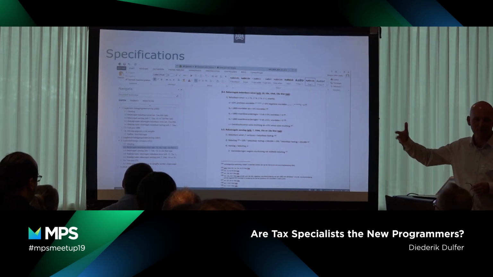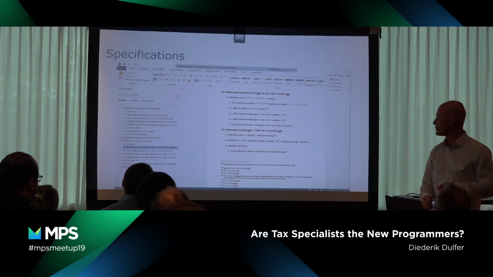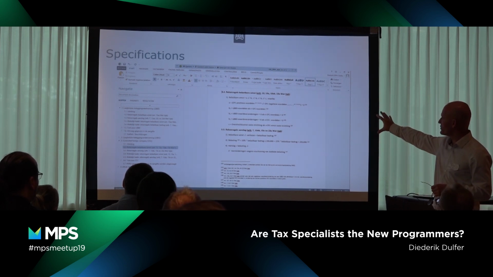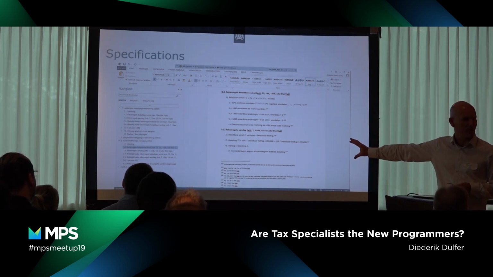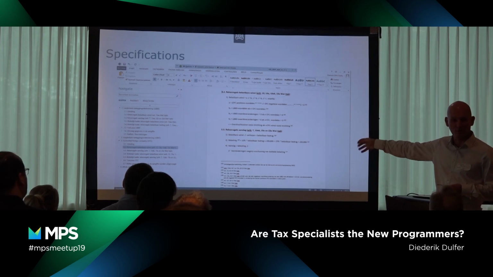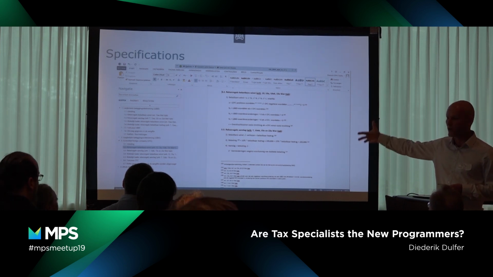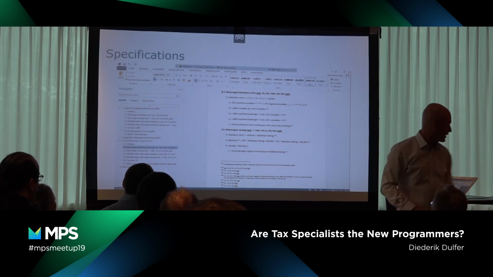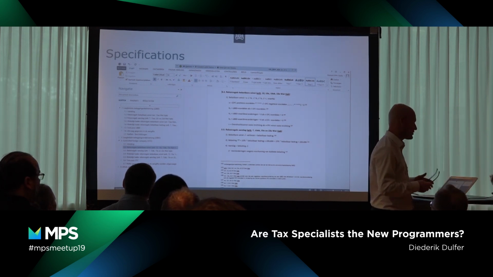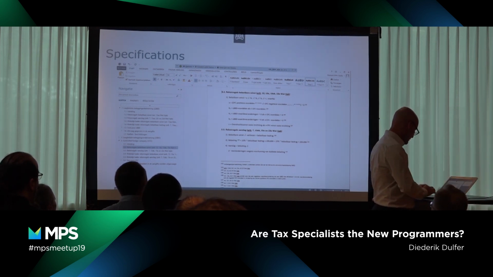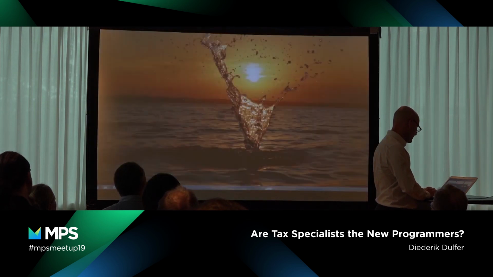And this forms the basis for our discussions with her. So these are rules, and later in the Word document there are still all kinds of test cases. And we use this as a basis for our rules in MPS.